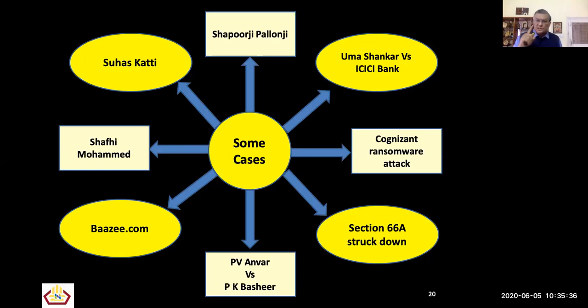Otherwise, section 66A was a section which was meant to cover cyber stalking, cyber bullying, spamming, and phishing. And in addition, it addressed sending of threatening emails. Now, section 66A was only applicable to SMS and emails. It was not applicable to postings on Facebook.